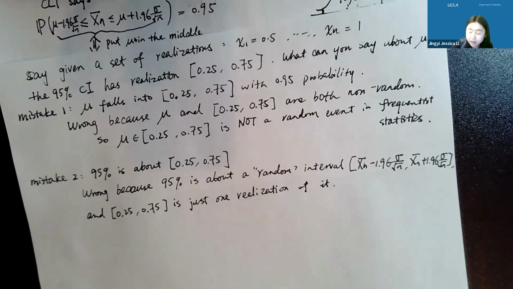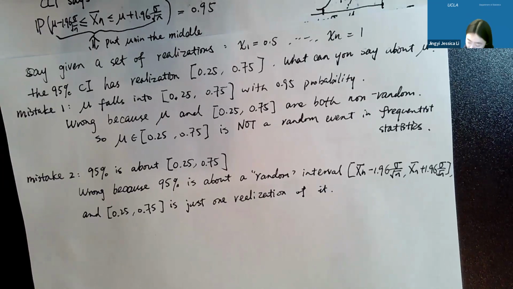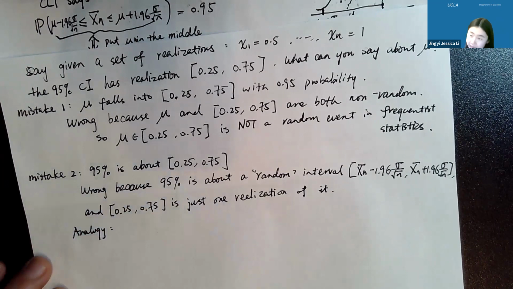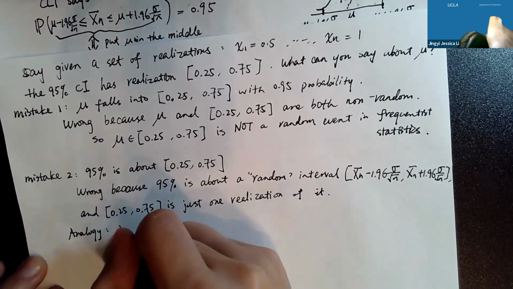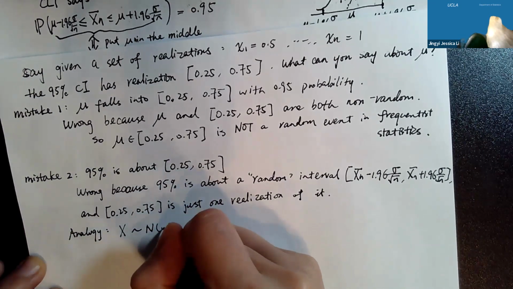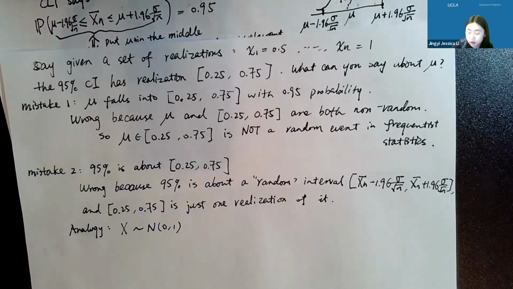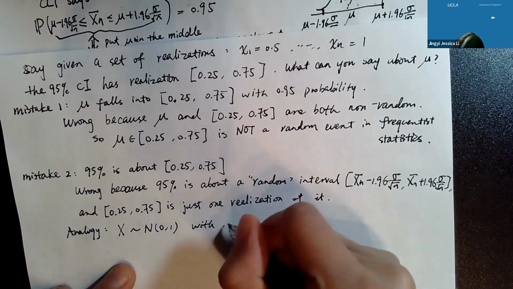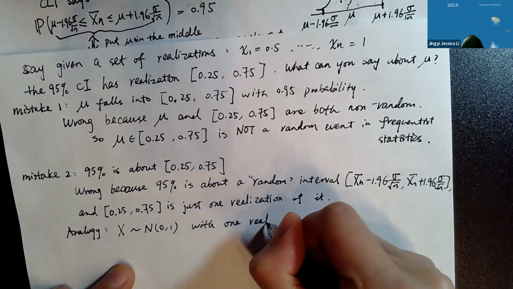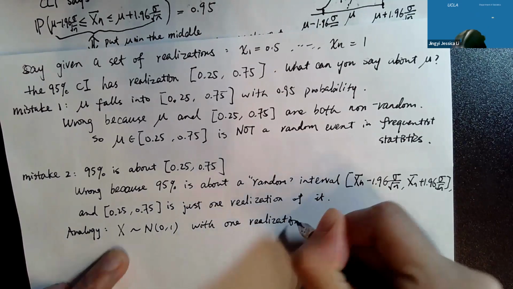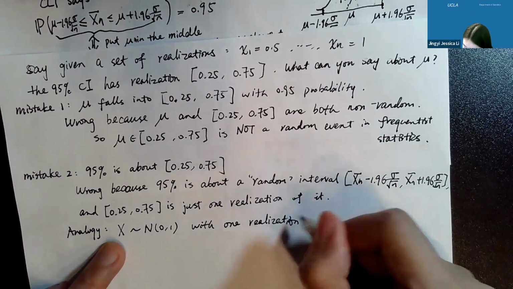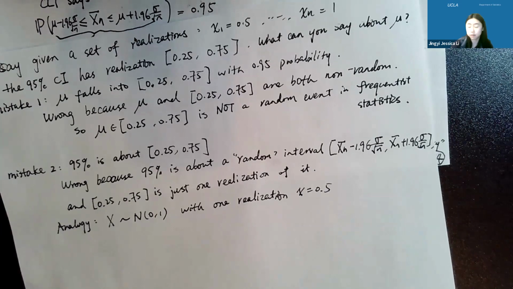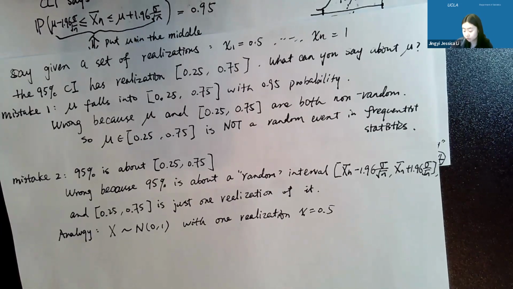So I can make an analogy about what the difference is. For example, let's say that x follows the standard normal distribution, and I draw one realization of this x, let's say 0.5. When I draw it once from the standard normal, I got 0.5.